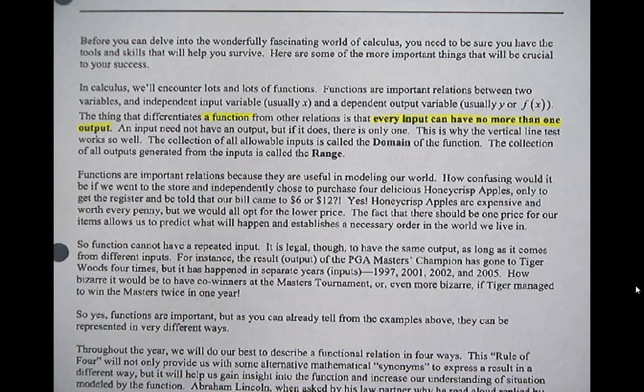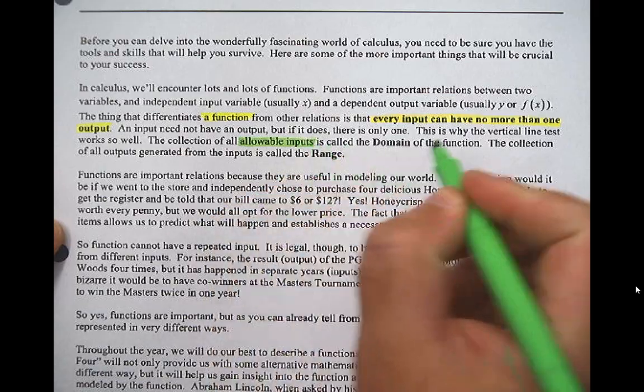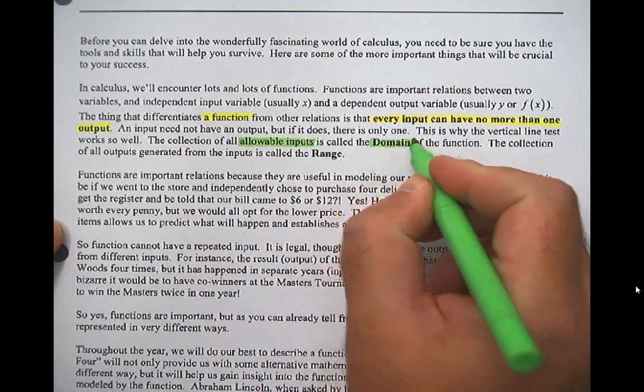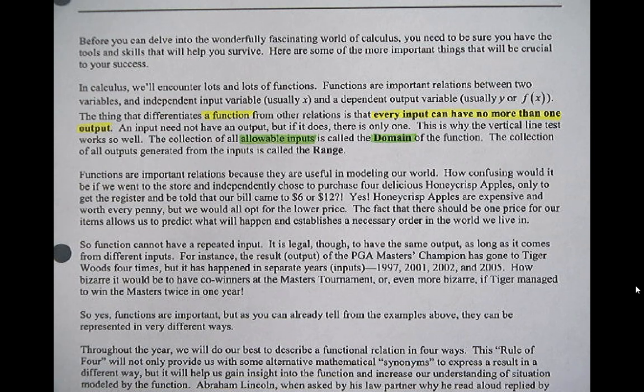So the collection of all allowable inputs is called the domain. If we're talking about, let's say, the square root function, the allowable inputs do not include the negatives. So the allowable inputs, or the domain, would be the non-negatives, 0 inclusive off to infinity.